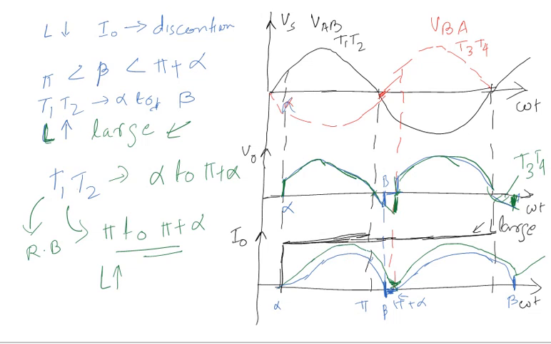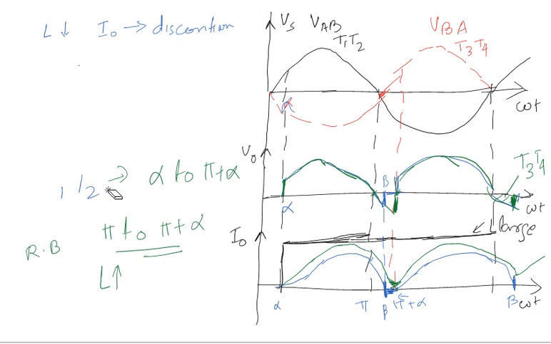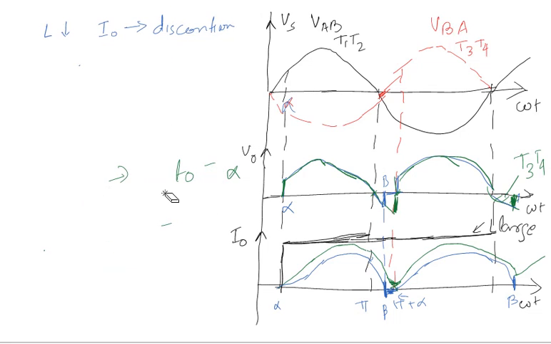Now let us calculate the values. For the discontinuous current cycle, there will be alpha and also beta.